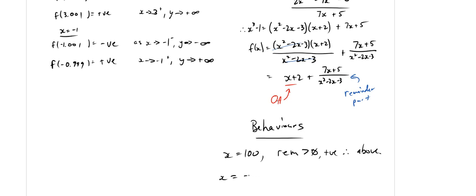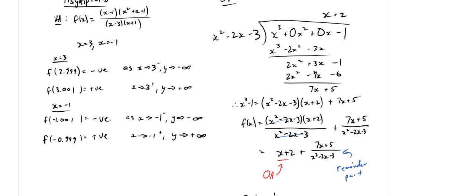And when I put in negative 100, I'm going to get negative 795 on top. And if I think about this, it's going to be negative 100, so I'm looking up here at the factored form.